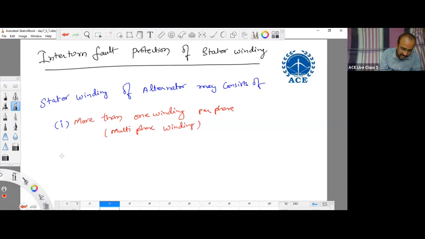And the second configuration is only one winding per phase.